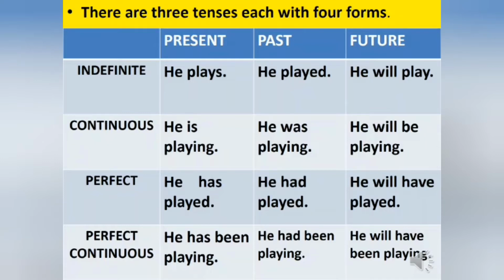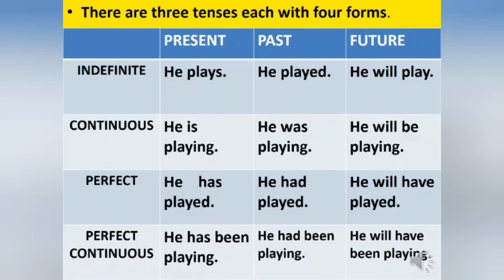But if there are two past indefinite actions related to each other, then the first action, means the former action, is written in past perfect. Now he will have played. It shows that the action will be completed before a particular time in future. Before that certain point of time, the action will have been completed.